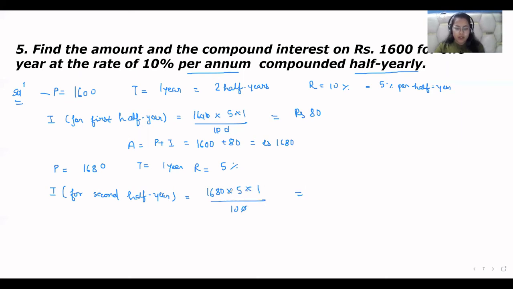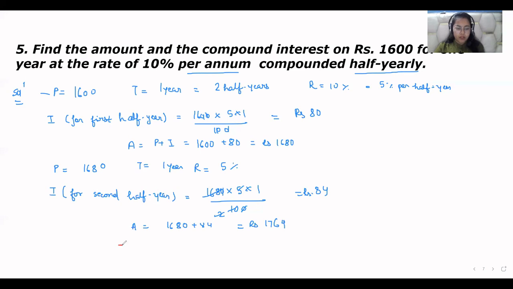After solving it, eliminating 0 with 0 and 5 with 2 and 2 with 100, 168, we get 84. So our final amount is 1680 plus 84, that is rupees 1764.